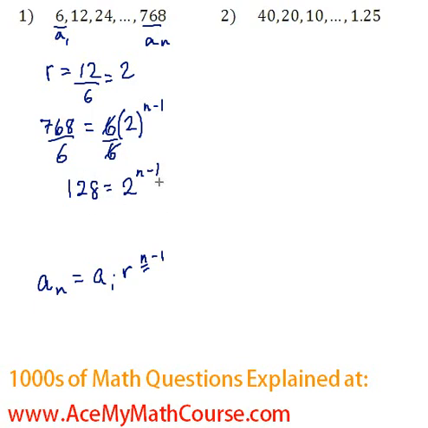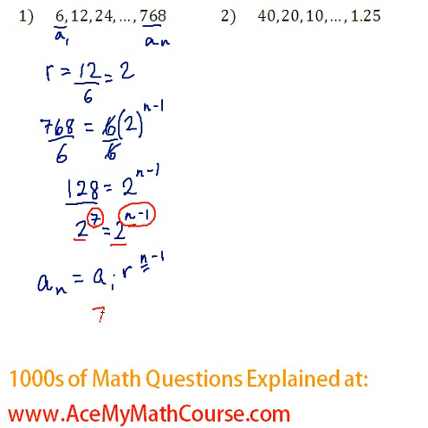We can either use logs to determine this and solve the equation, or we can just decompose 128 with a factor tree and discover that 128 is 2 to the power of 7. So 2 to the power of 7 is equal to 2 to the power of n minus 1. So 2 equals 2, so 7 is going to be equal to n minus 1.